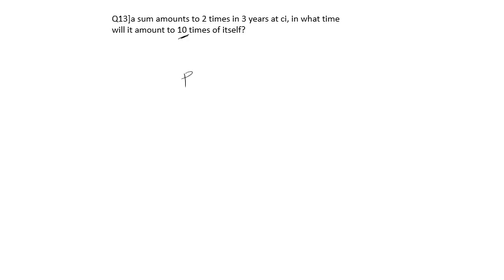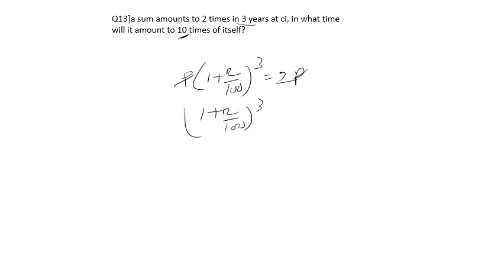Principal becomes 2 times of itself, amounts 2 times in 3 years, at a certain rate. Let's say 1 plus r by 100 to the power 3 equals 2P, right? P gets cancelled out. So 1 plus r by 100 to the power 3 equals 2, right?